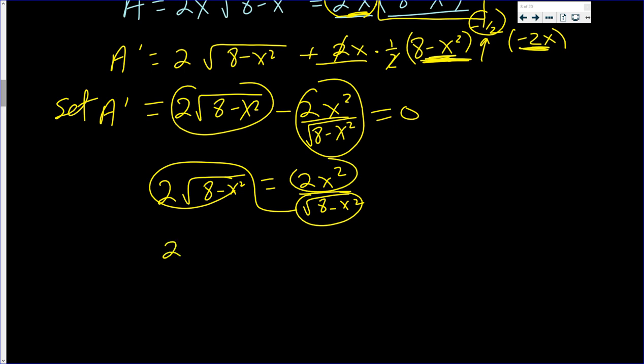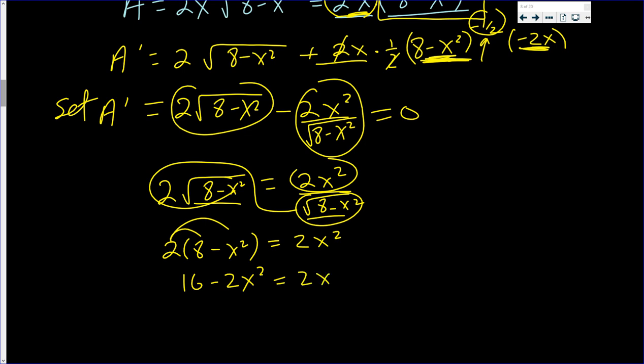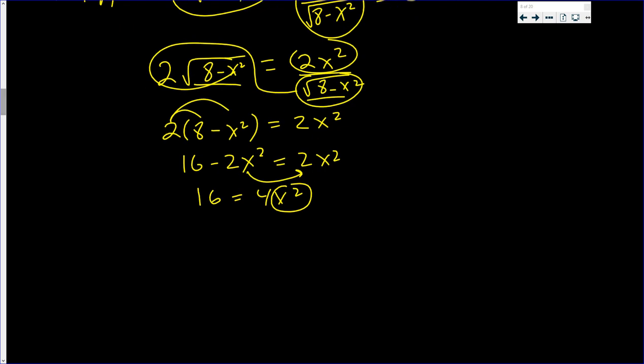So it's 2 times this times that, which is just 8 minus x squared, and that equals 2x squared. Distributing, we get 16 minus 2x squared equals 2x squared. Bring this to the other side, and you have 16 equals 4x squared. So x squared equals 4, since 4 times 4 equals 16. So x is plus or minus 2. Now, we defined x to be in quadrant 1, so x is 2.